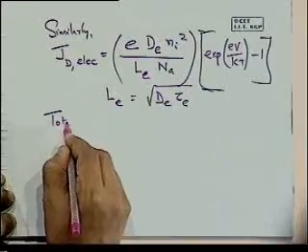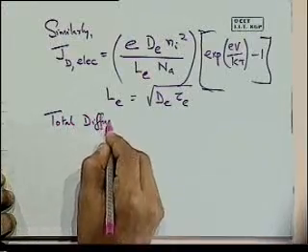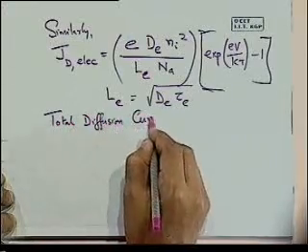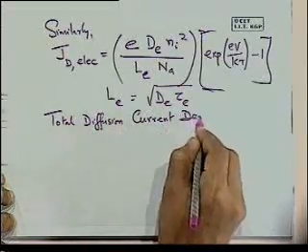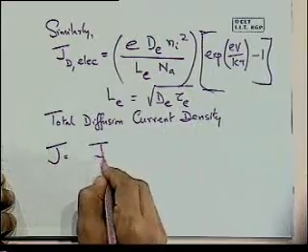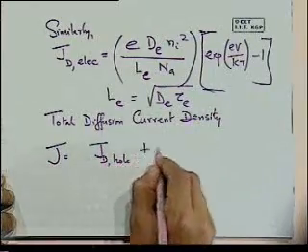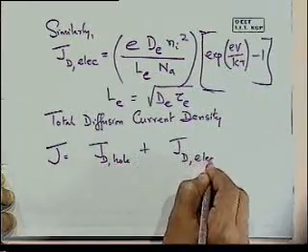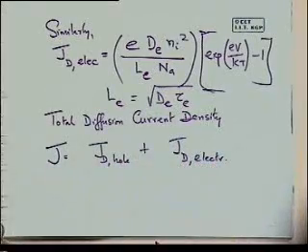The total diffusion current density is then given as J equal to J_D hole plus J_D electron.